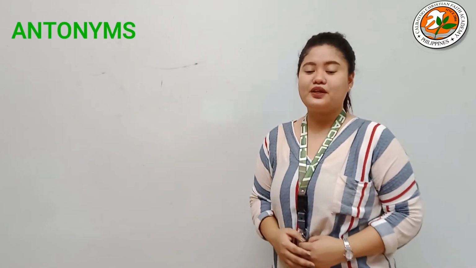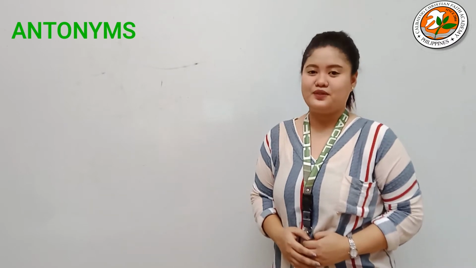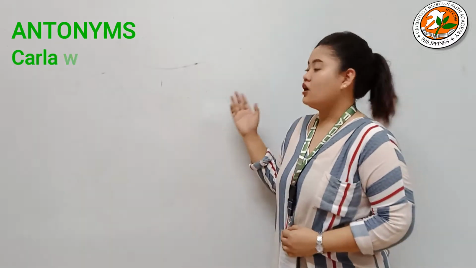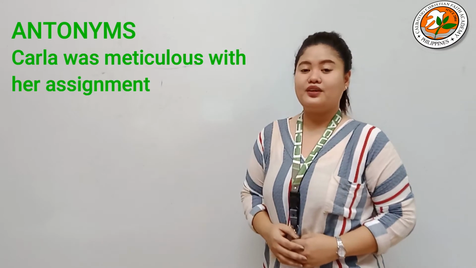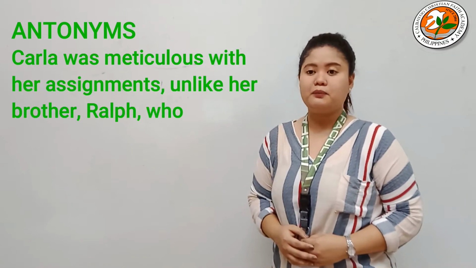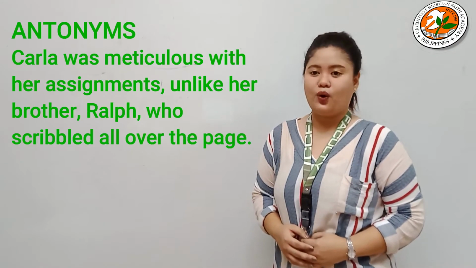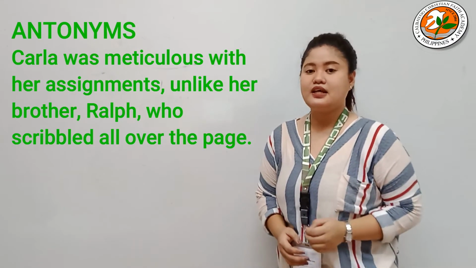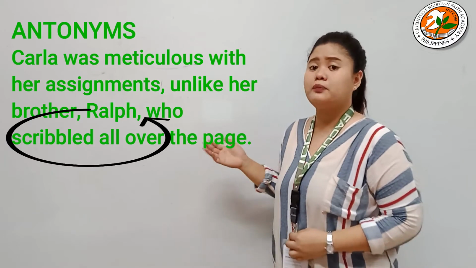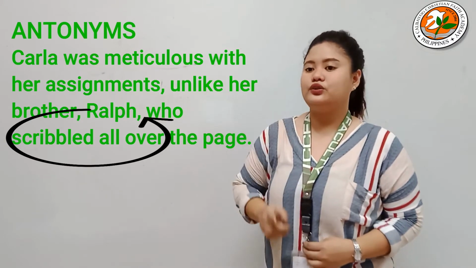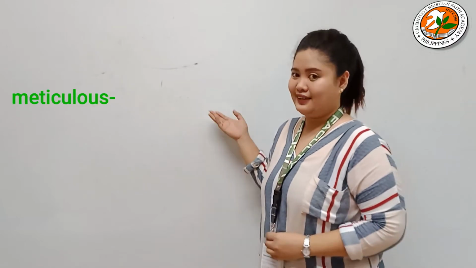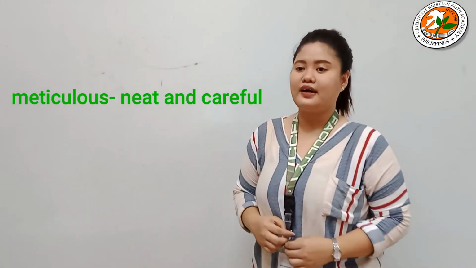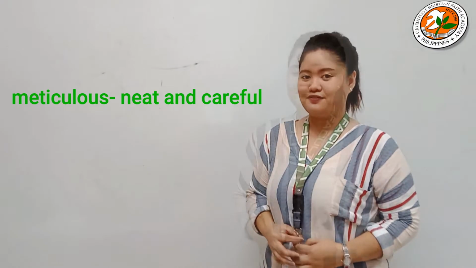Other authors may use antonyms to help the readers grasp the unfamiliar words by stating the opposite. For example, Carla was meticulous with her assignments, unlike her brother Ralph, who scribbled all over the page. If you don't know what meticulous means, the antonym phrase scribbled all over would let you know that Carla was neat and careful with her assignments, unlike her brother Ralph.